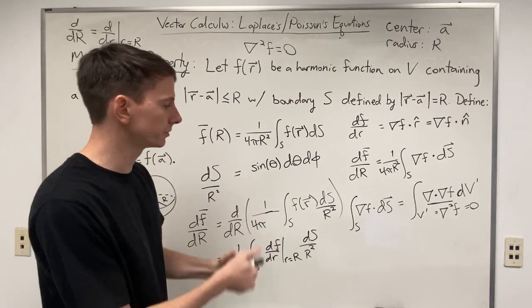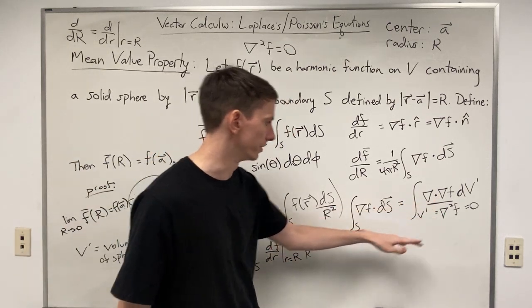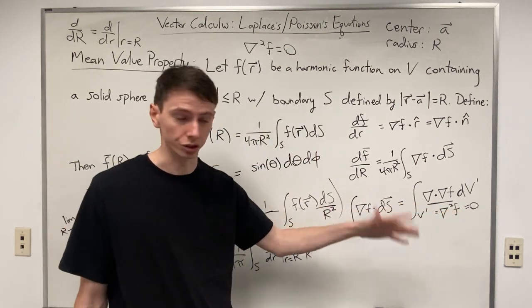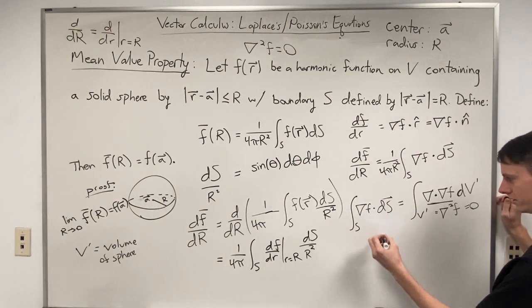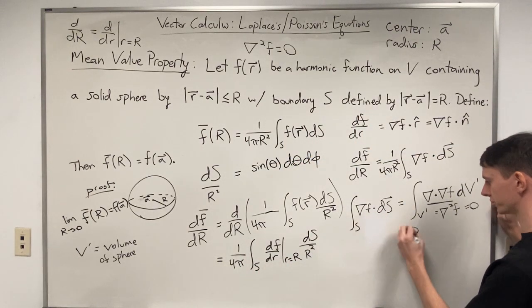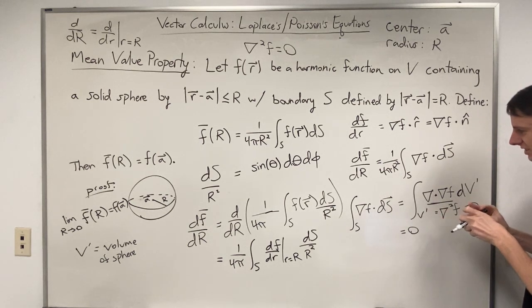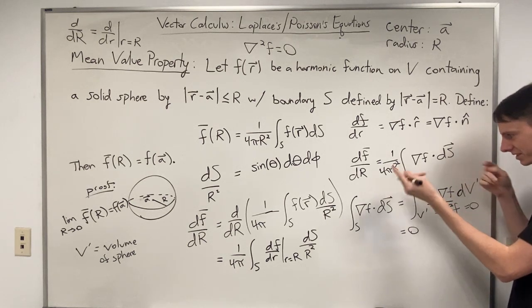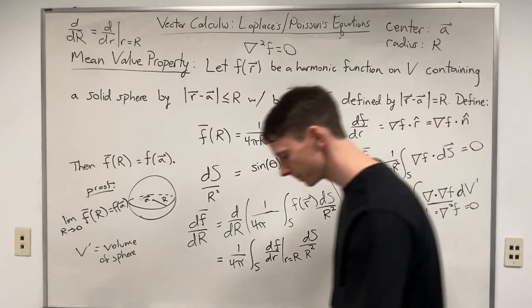So what we've ultimately come to the conclusion is that this integrand is 0, thus this integral is just 0. So all of this equals 0. So if this is 0, that's just what we had right here, right? We said this is the flux of this vector field, but we now concluded that it's 0.